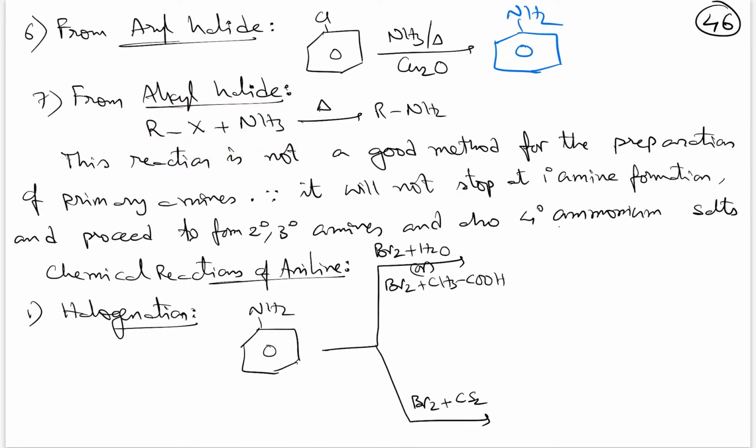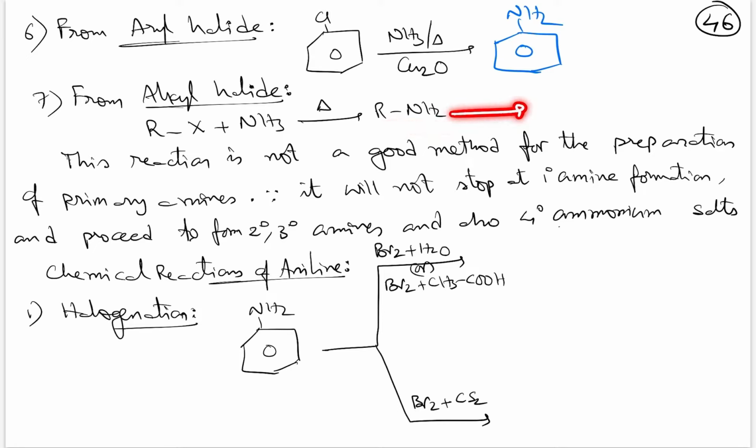So in whichever way you are doing the reaction, or whichever way you visualize the reaction, accordingly you can call it. But whatever it is, when alkyl halide is treated with ammonia, heating will result in the formation of alkyl amine. But this reaction is not a good method for the preparation of primary amines, because the alkyl amine formed will not stop the reaction there itself.